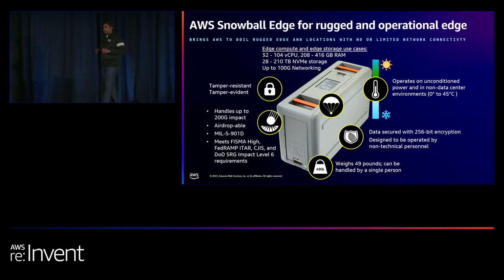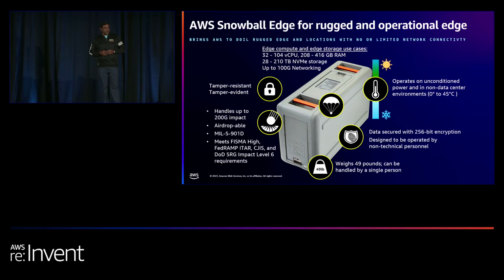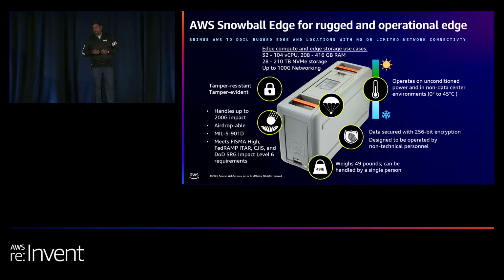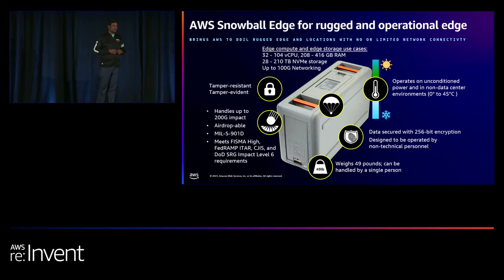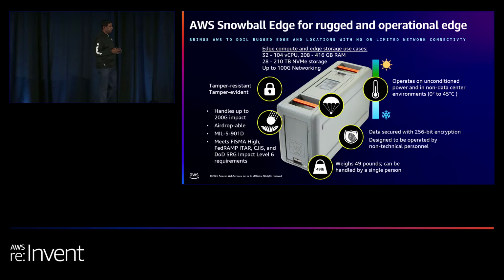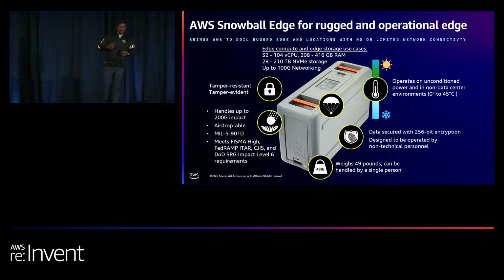There are a few different configurations of the Snowball Edge device. From a compute perspective, it supports 3 configurations, 32 vCPUs, 52, up to 104 vCPU. 2 different configurations for storage density, one at 28 terabytes, and then there's a newer, dense Snowball Edge device that can go up to 210 terabytes of storage.